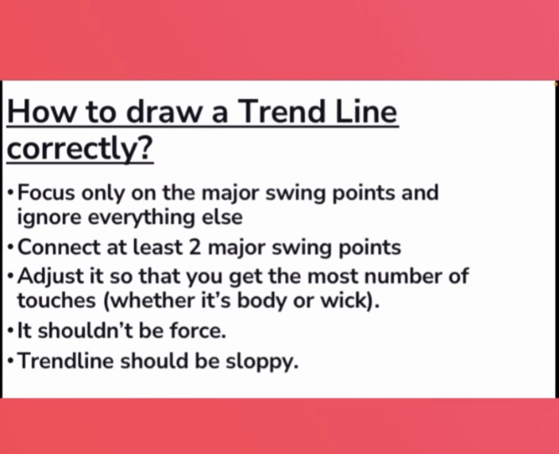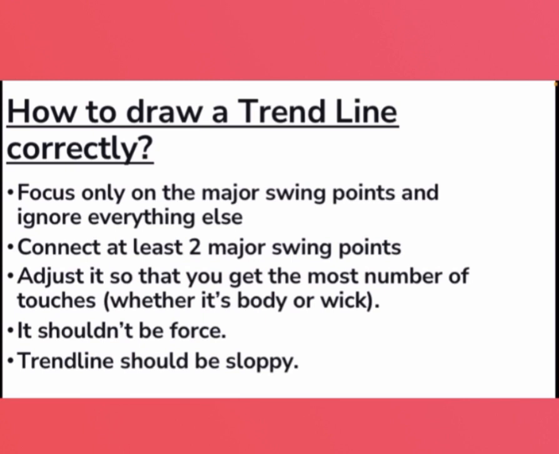Like I said, the forex chart entails a lot of swing areas or points that could be confusing. You are only to focus on the major swing points. The next thing to do is to connect at least two major swing points. A minimum of two major swing points are meant to be connected with that straight line.